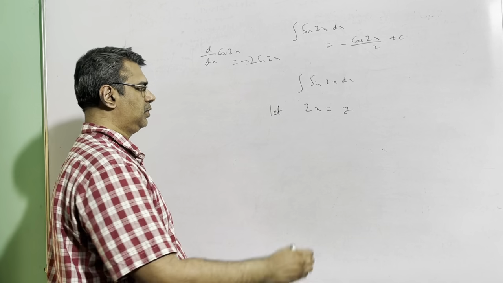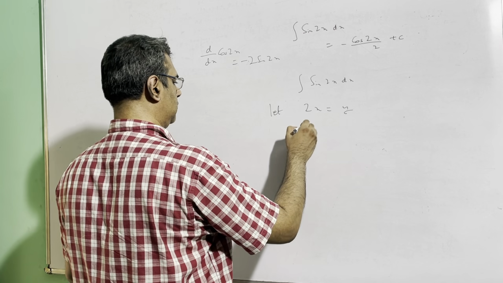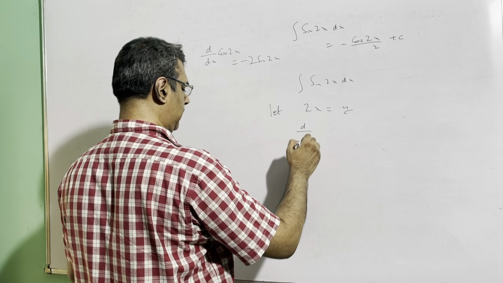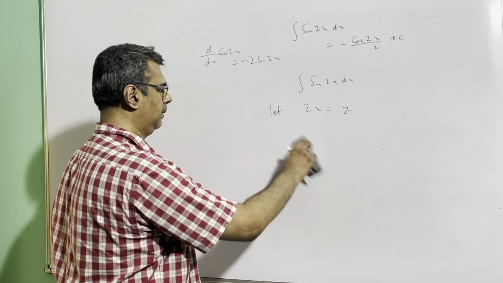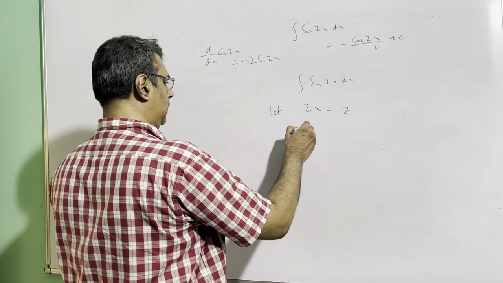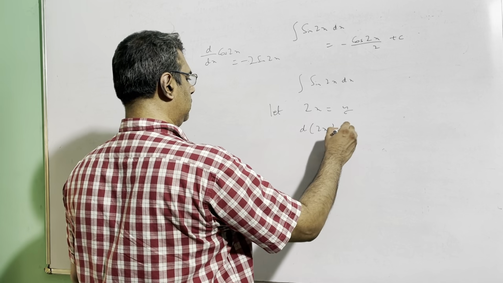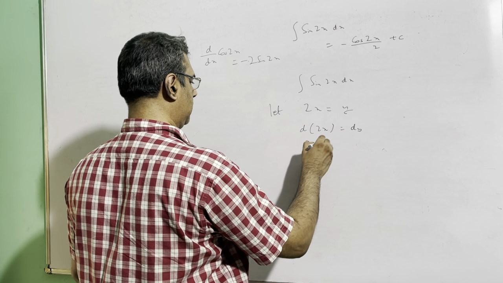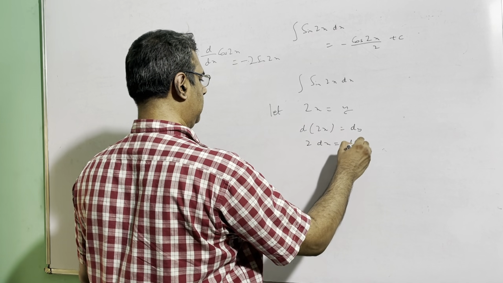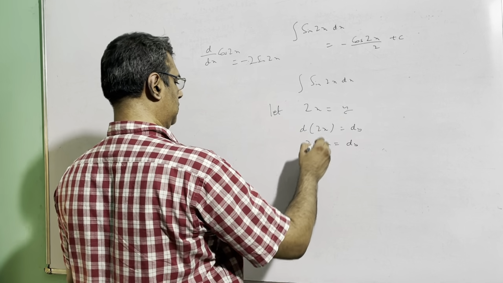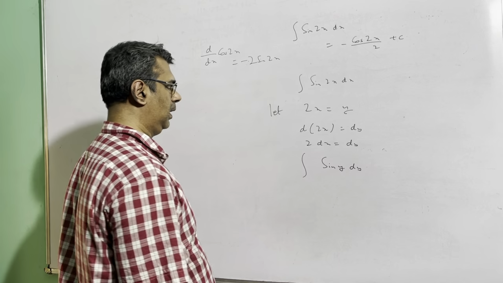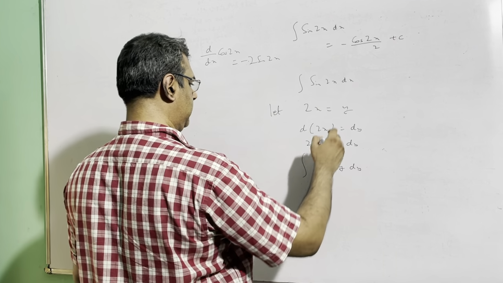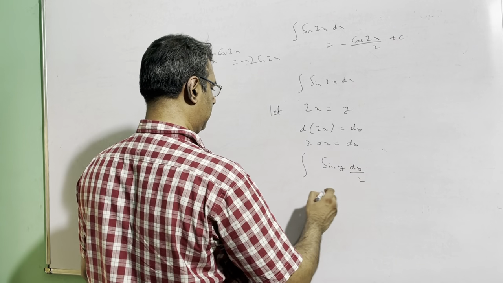If I differentiate both sides, I will get d of 2x equal to dy. So 2 into dx is dy. Now this integration will change and become sine y, and instead of dx I will write dy by 2.